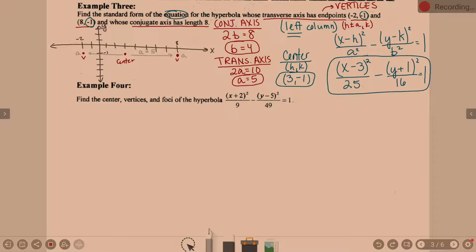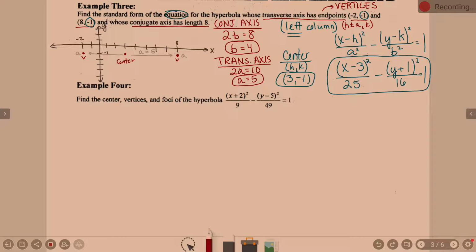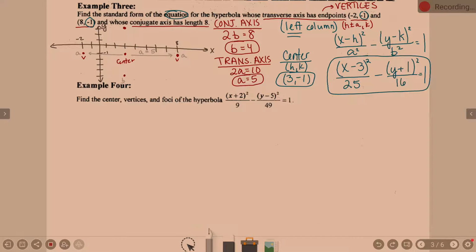Okay. a goes out horizontally in this one. That means b goes out vertically. And so these b values, I'm going to count up 4, which puts me at 3. And we're going to go down 4, which puts me at -5. Those are b's.